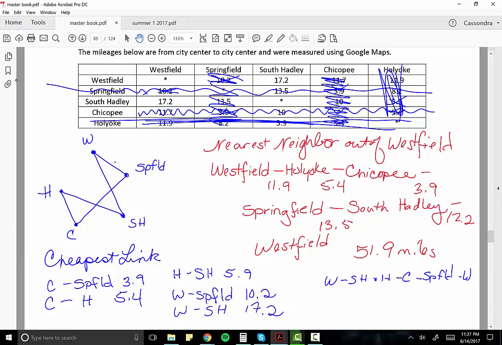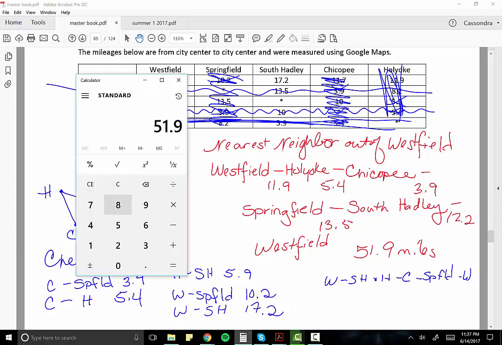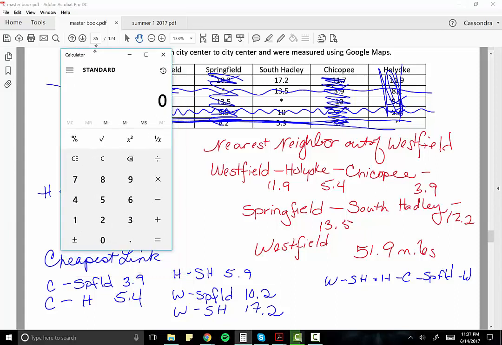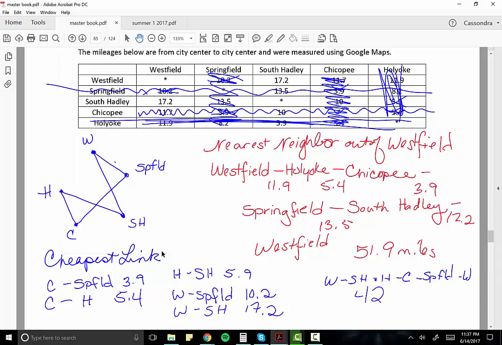So that came up to a total of 3.9 plus 5.4 plus 5.9 plus 10.2 plus 17.2 equals 42.6 miles. I would want to do this one instead of the 51.9 miles.